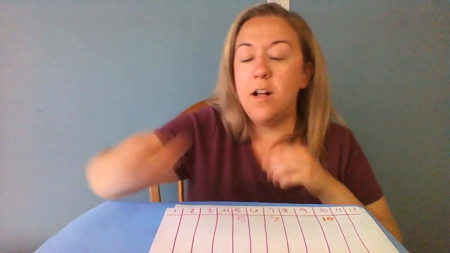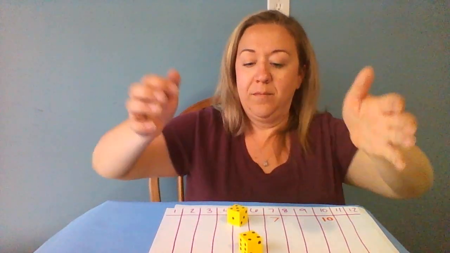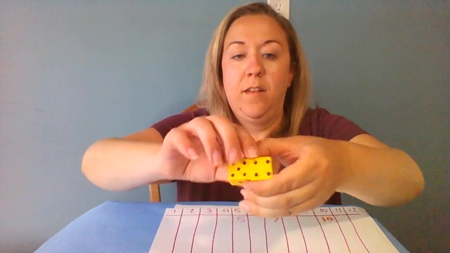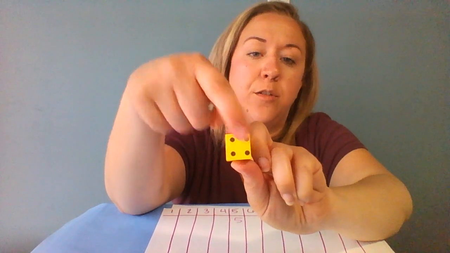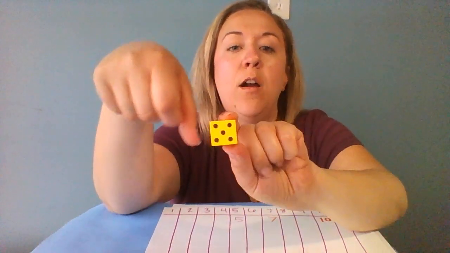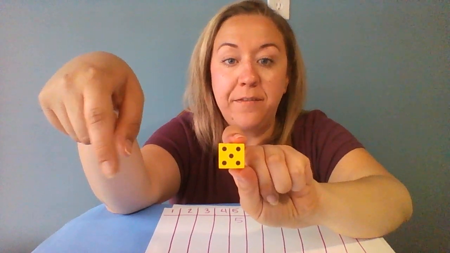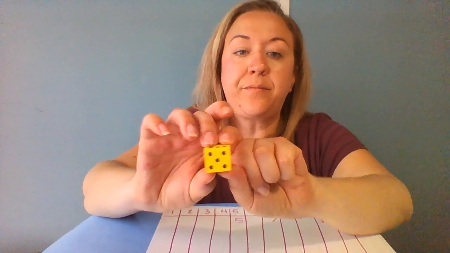One more roll. All right, let's see. How many are on this one? Can you tell without counting? 2 on top and 2 on bottom. That makes 4. 1, 2, 3, 4. On this dice, how many dots do we have? 1, 2, 3, 4, 5.